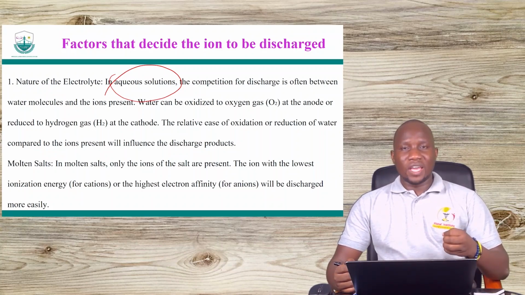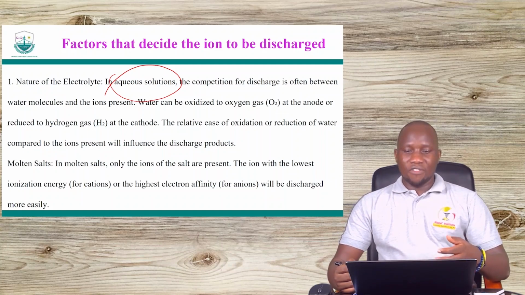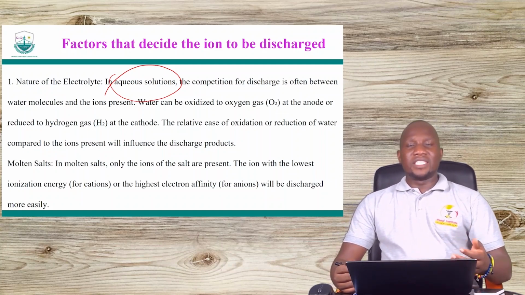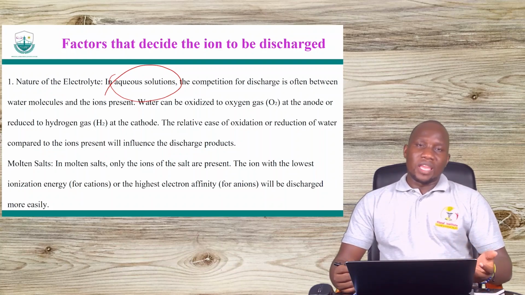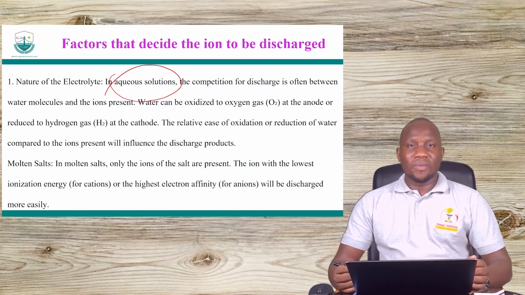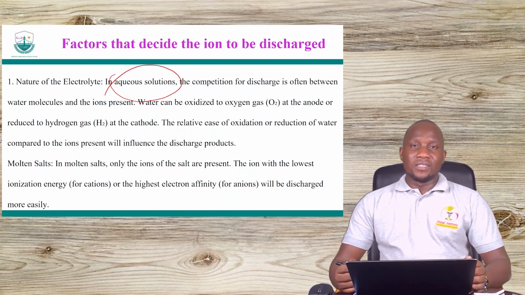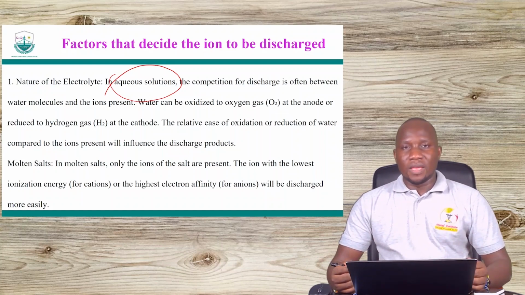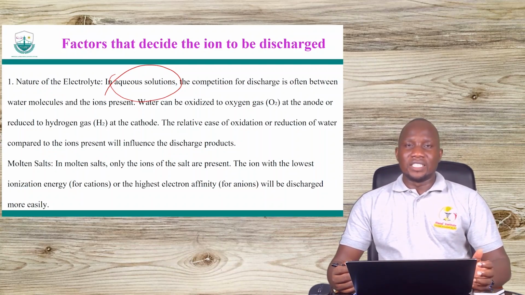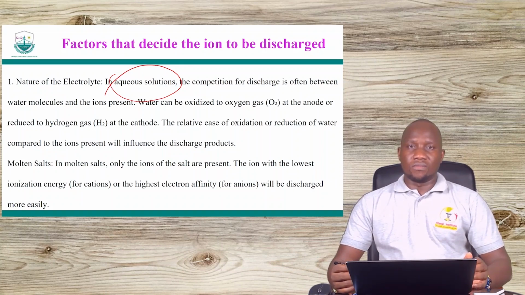The competition is not for the ions from the electrolyte alone, but you also have the ions that are coming from the water. Okay, now the deciding factor there will be the relative ease of either oxidation or reduction of water compared to the ions that are present. Okay, how easy is it to have the ions from water or the ions from the electrolyte being discharged? It depends on the relative ease of discharge or oxidation.